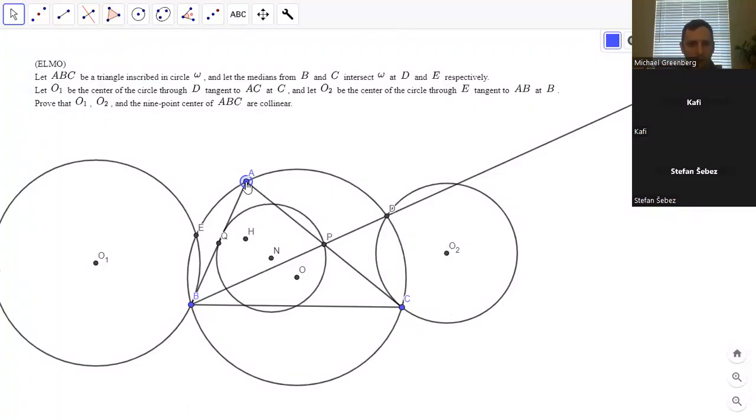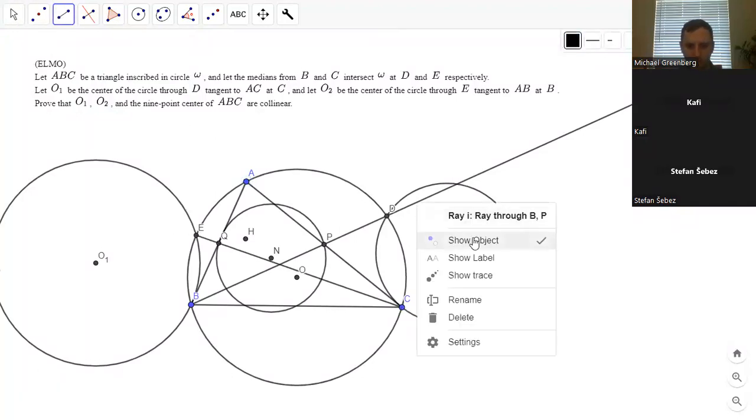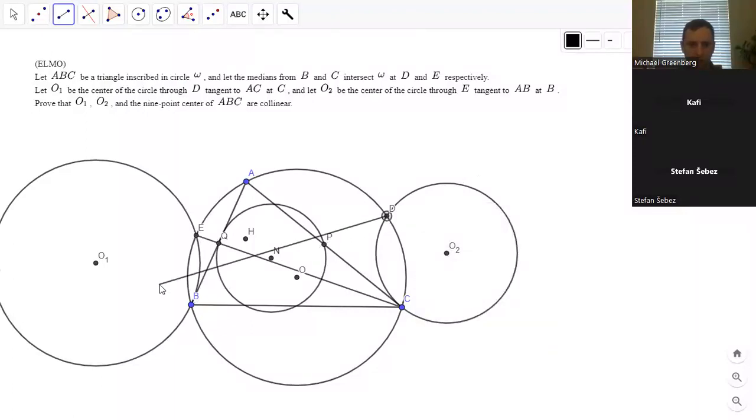It's tangent to AB. Okay, so what did I do?